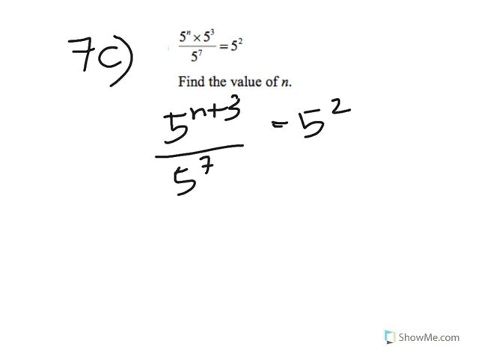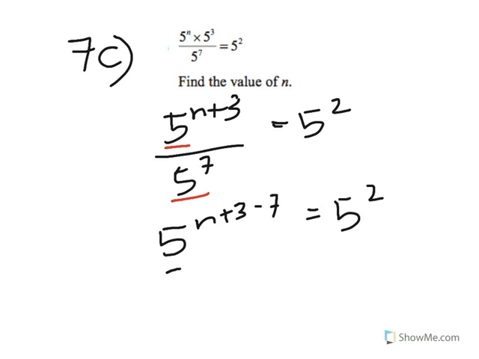Now, 5 to the power of n plus 3 over 5 to the power of 7: they both have the same base and they're being divided. So it becomes 5 to the power of n plus 3 minus 7 is equal to 5 to the power of 2. So 5 to the power of n minus 4 is equal to 5 to the power of 2. Now here's another rule for you. When you have an equation where both bases are equal on either side, you can just get rid of the bases and make the powers equal to each other.